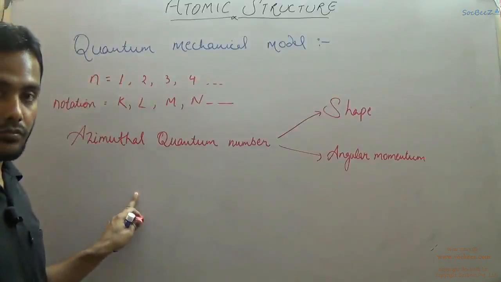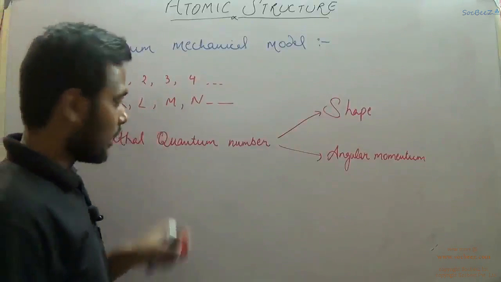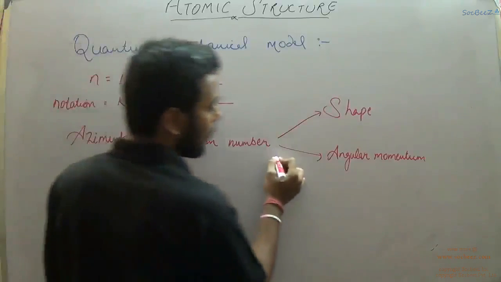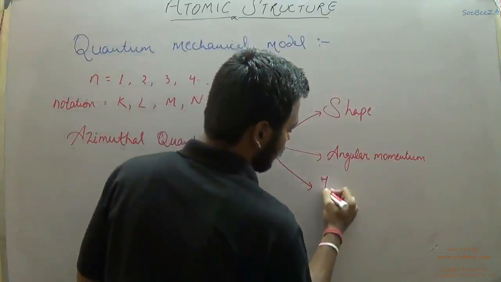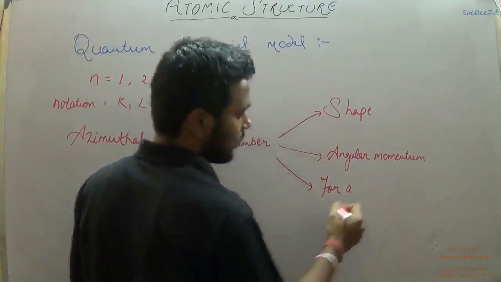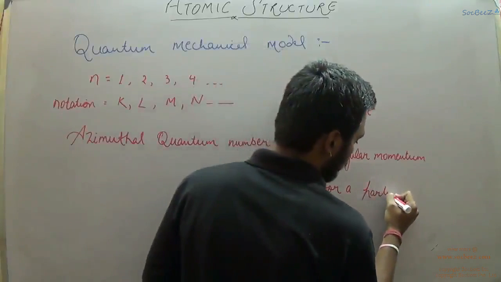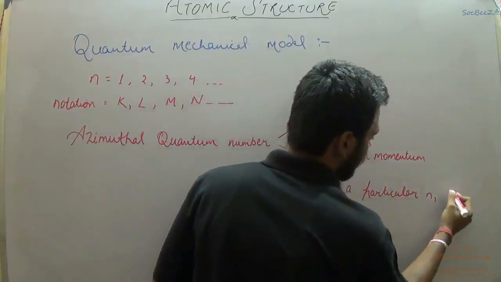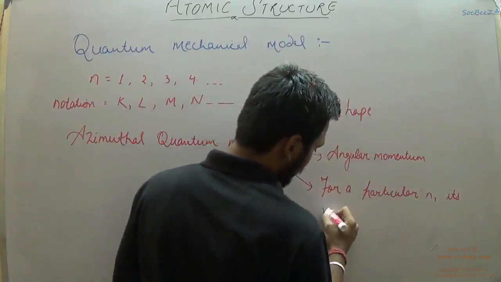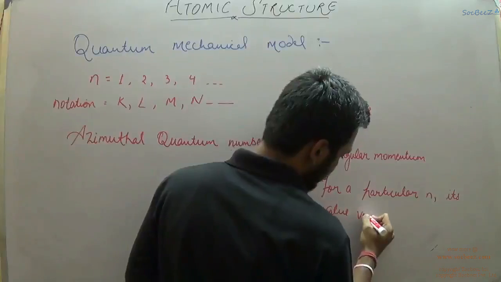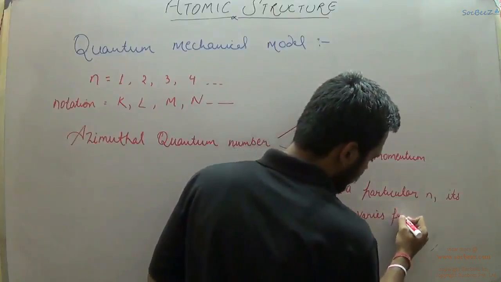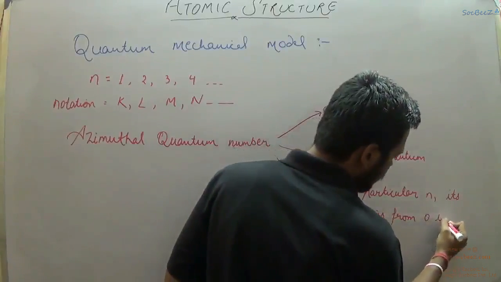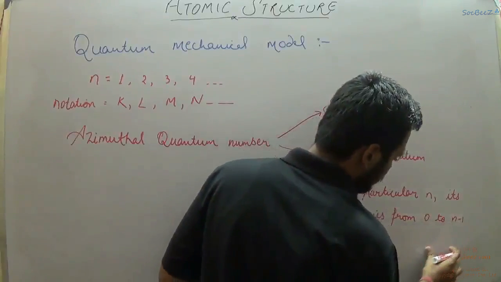For a particular N, its value varies from 0 to N minus 1.